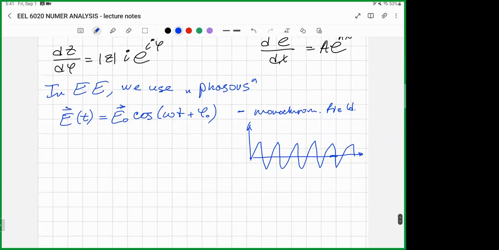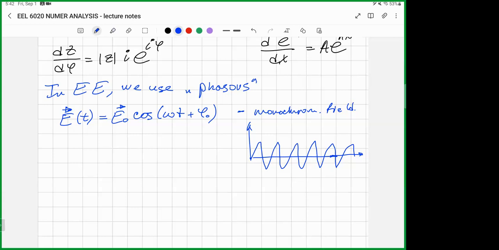And again, when we do operations with this function, it's not very easy to keep track of this cosine. Often it's better to replace this cosine with an exponential function.